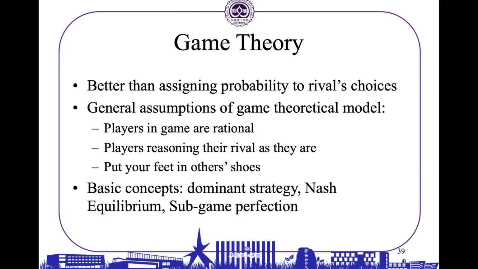The most basic concepts in game theory are dominant strategy, Nash equilibrium, and subgame perfect Nash equilibrium. With these concepts of equilibrium, we will be able to predict the result of the game. Therefore, we will know the optimal strategy for a given game when we encounter similar business cases.